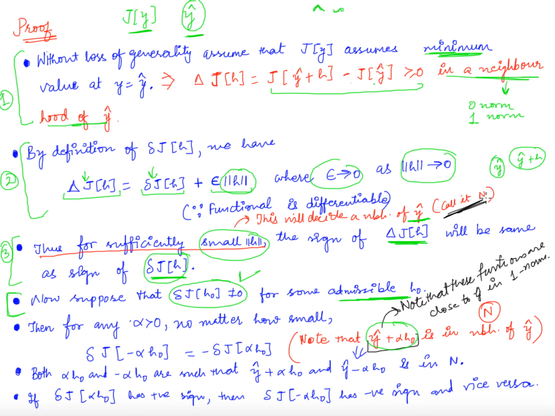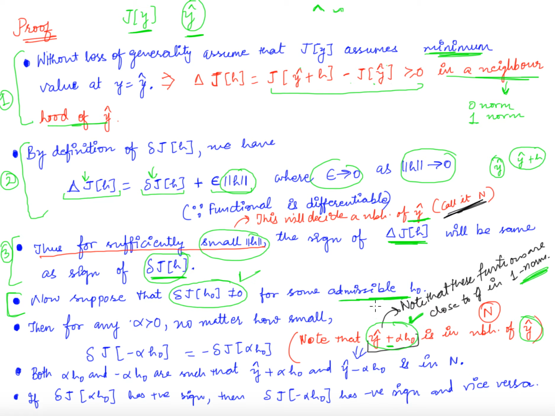In this neighborhood N of y hat, I am choosing functions of the form y hat plus alpha h naught, where alpha is positive and very small. It can be plus or minus. Note that these functions are close to y hat in 1 norm only. You can prove this. So it means that the neighborhood we have to consider, for the next steps, should be in the sense of 1 norm.